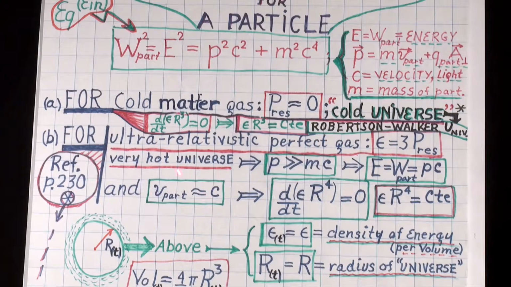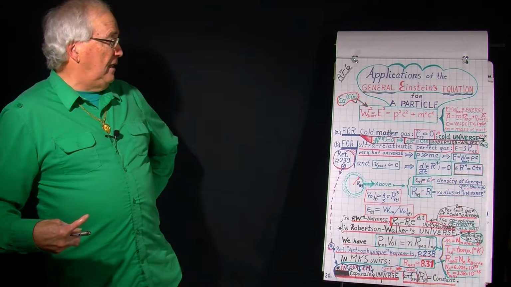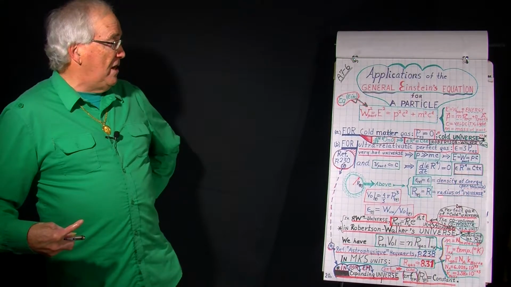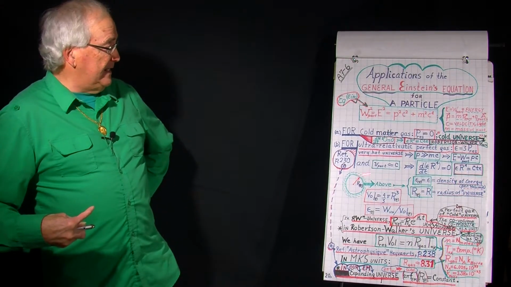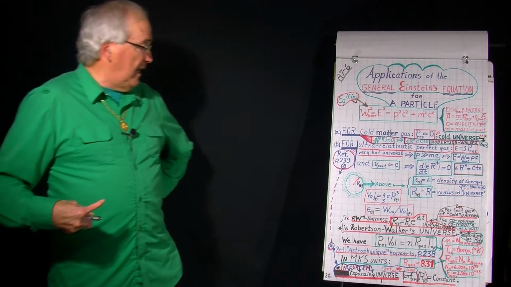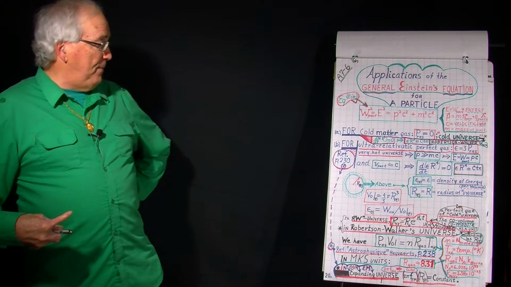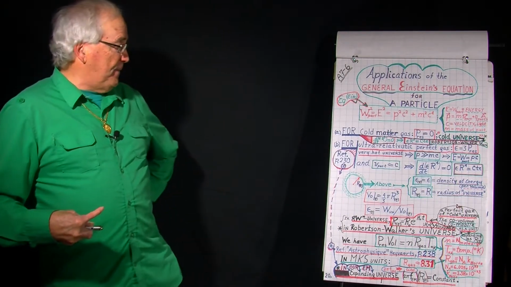So in these ultra-relativistic gases, we have that the density of energy multiplied by the radius to the 4th power is equal to a constant, okay? So here we just write that E of t is the density of energy, and the radius is that of the universe that is expanding.